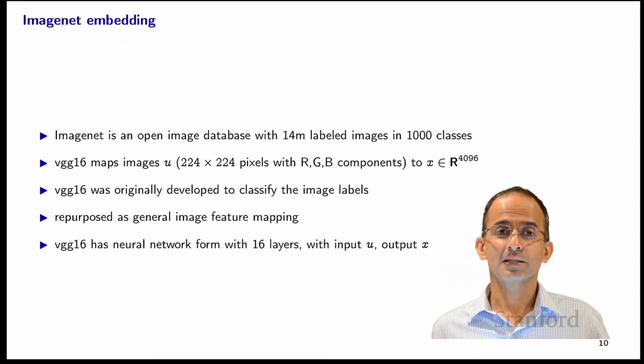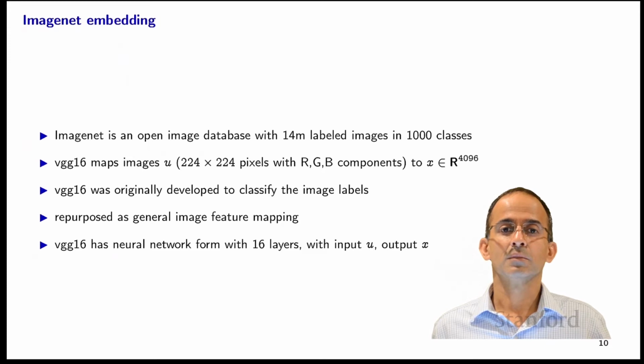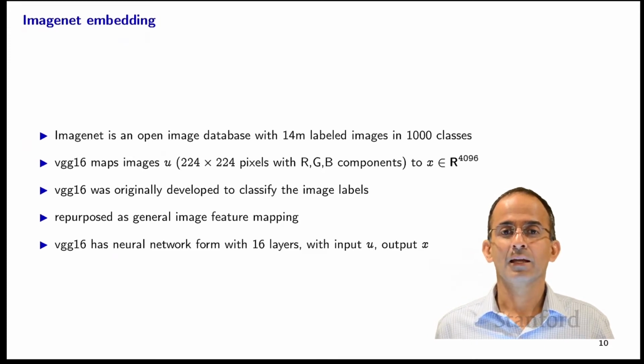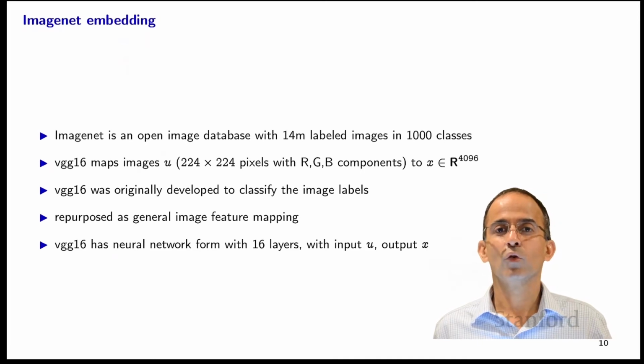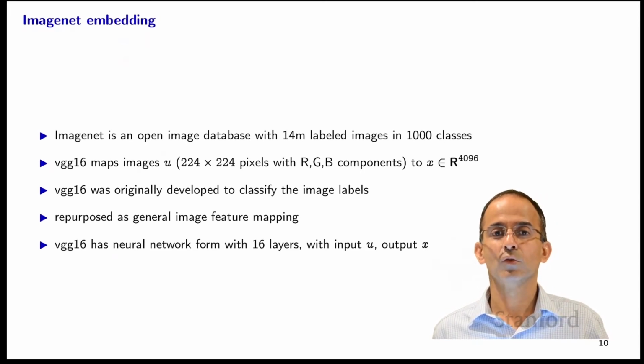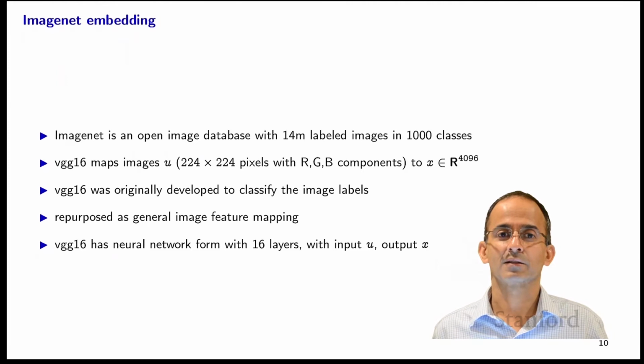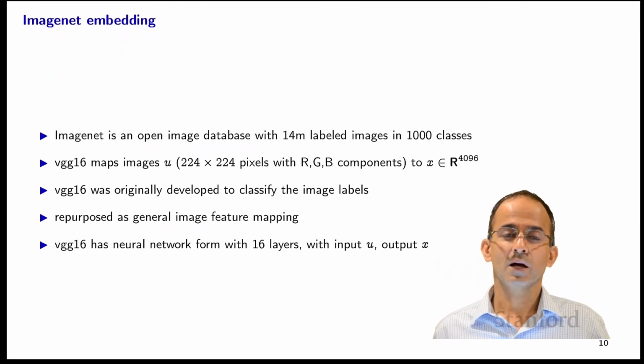So VGG16 is an embedding which maps images to a vector in R^D, and here D is 4096, so we get a 4096 long vector. The images that we start with are all cropped down to 224 by 224 pixels.